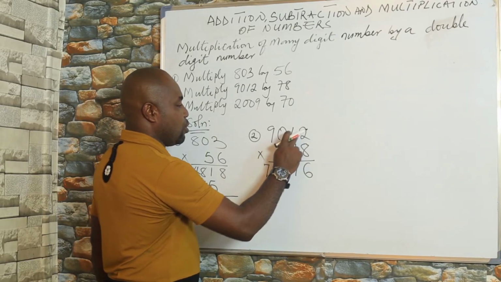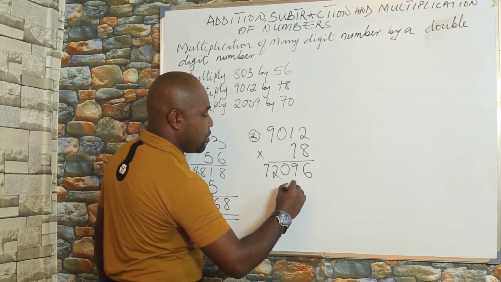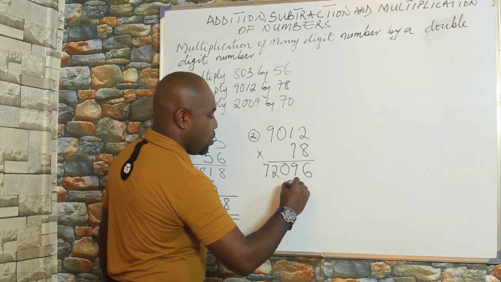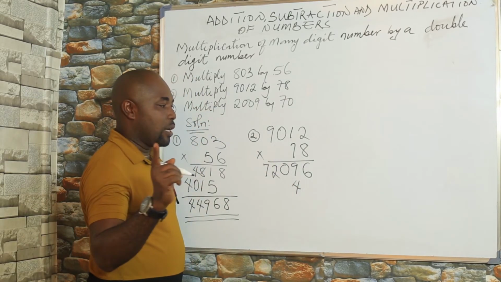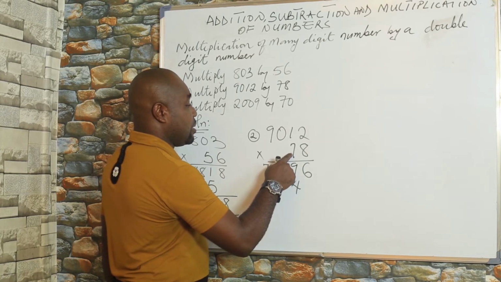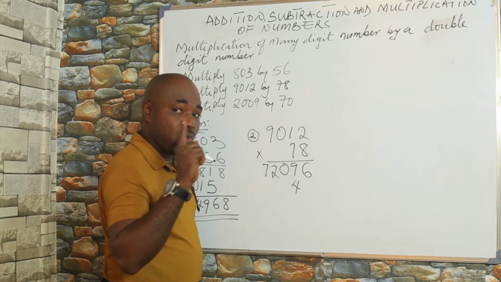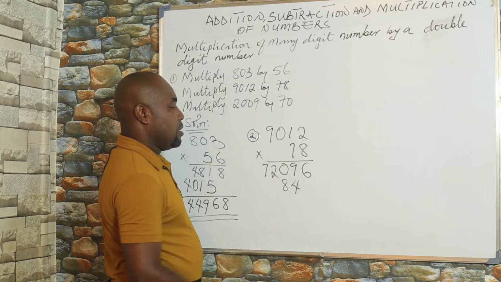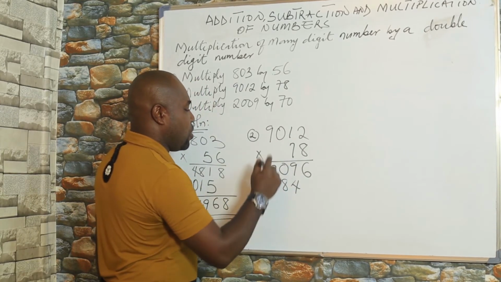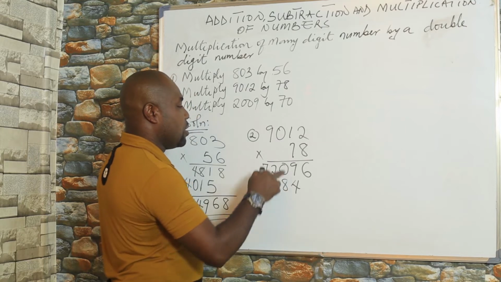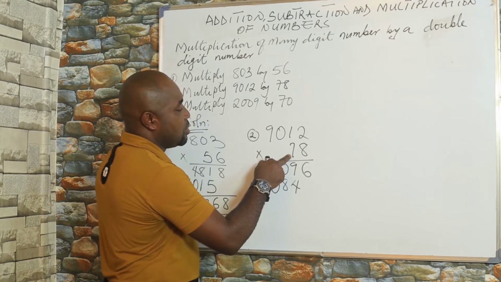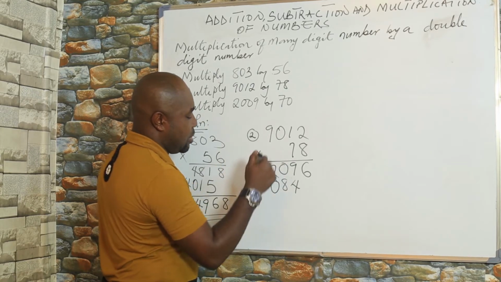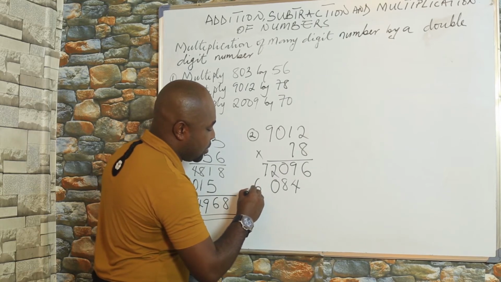7 times 2 is 14. We write 4, carry 1. 7 times 1 is 7, plus that 1 we carry, is now 8. 7 times 0 is 0. 7 times 9 is 63.